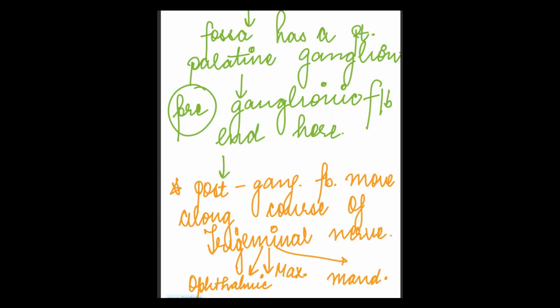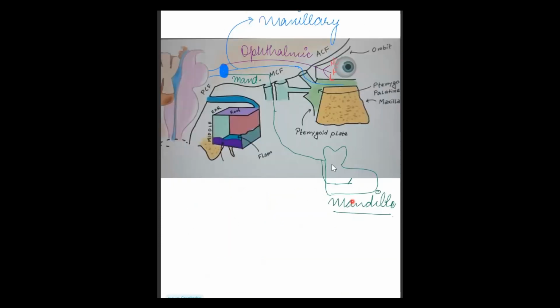They follow the path of the ophthalmic, maxillary, and mandibular branches. Some of the lacrimatory fibers move with the ophthalmic course, with the maxillary course out of the foramen rotundum, and with the mandibular course also.